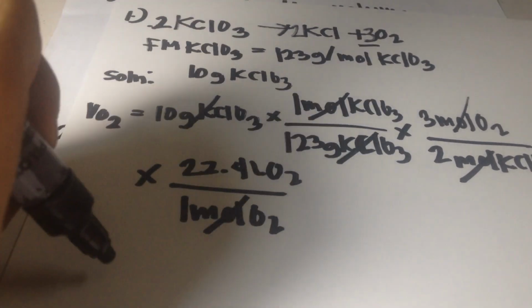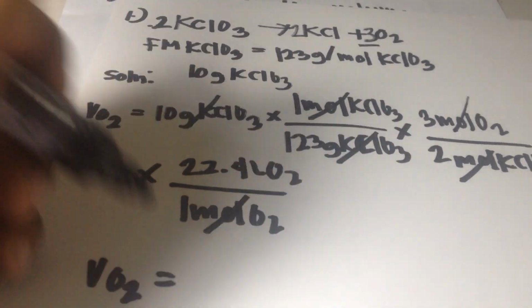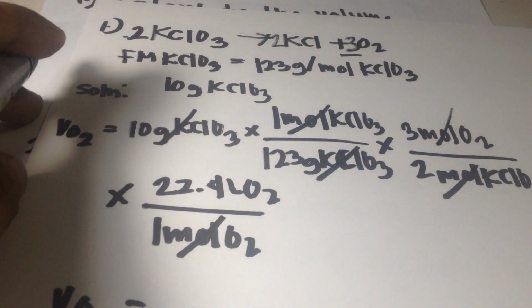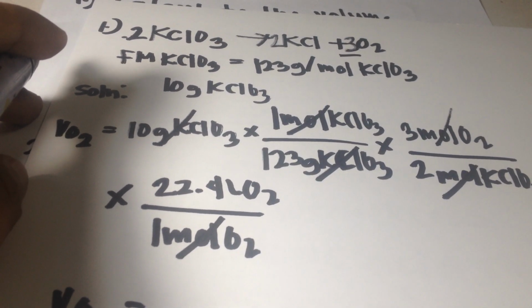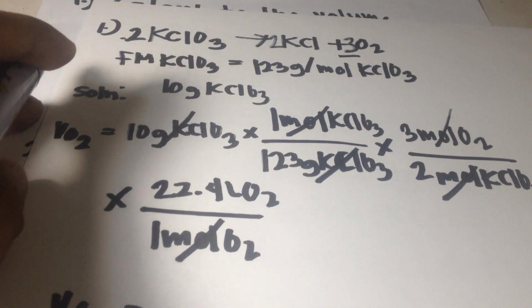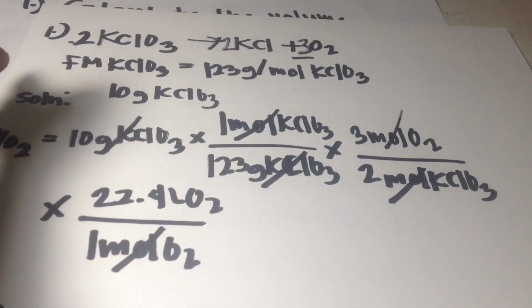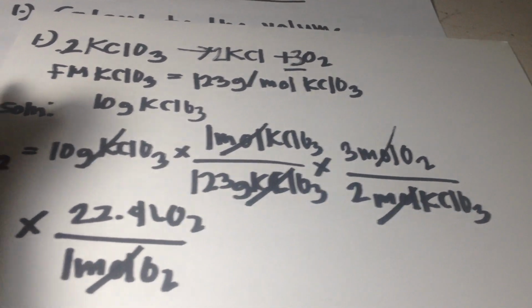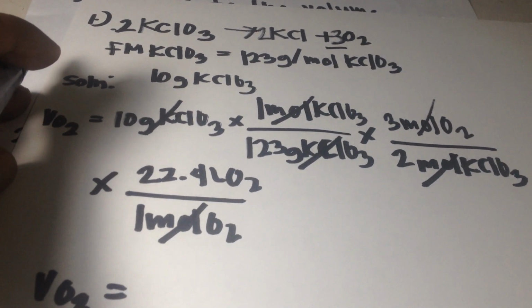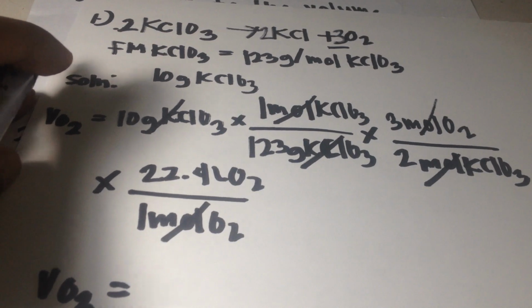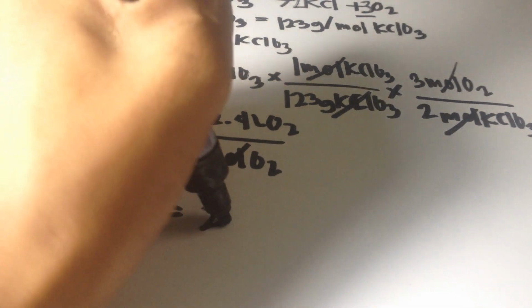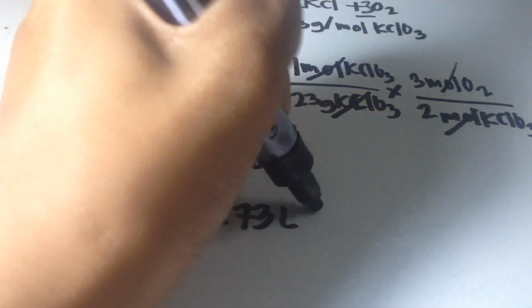So the volume of oxygen gas equals 10 divided by 123 times 3 divided by 2 times 22.4 over 1, which is equal to 2.73 liters of oxygen gas.